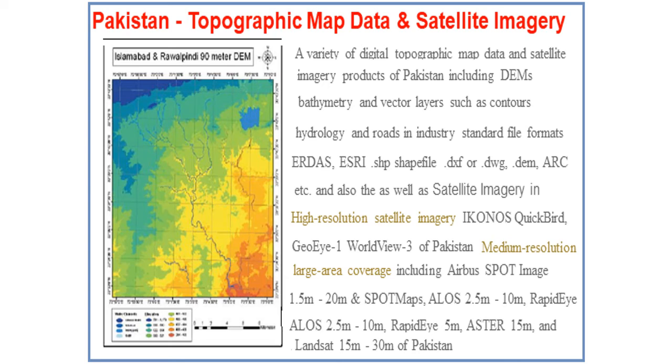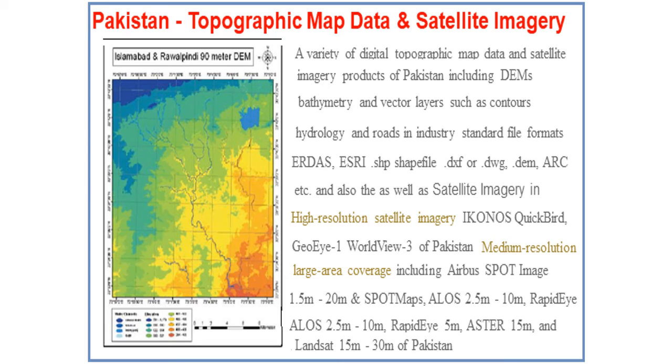And the file format, whoever is using these imagery, that company is also going to use ERDAS and ESRI, and the formats will be .shp shapefile, DXF or DWG, and .dem, and ARC is for Arc/Info.